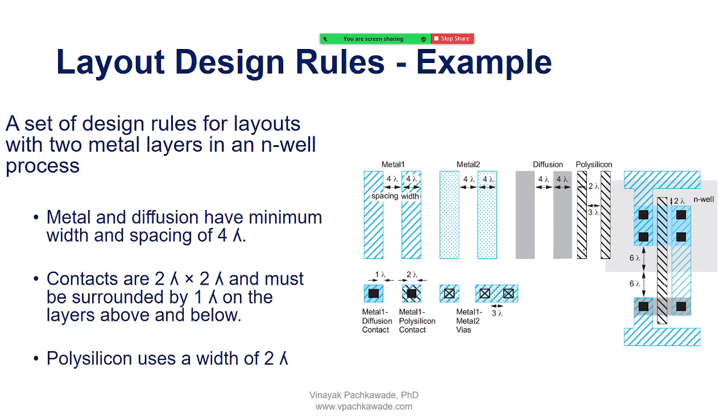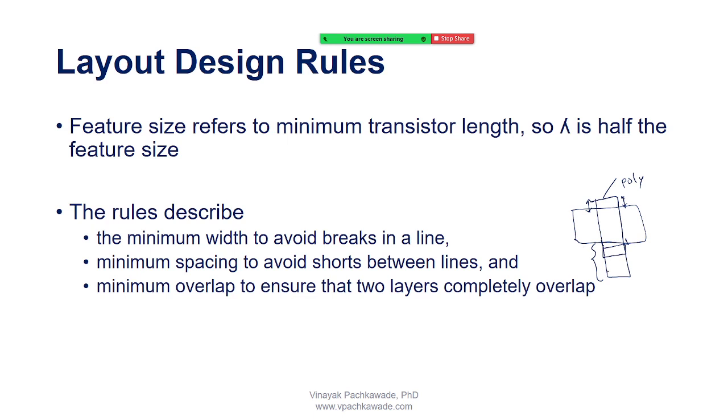So let us understand in terms of this. Is the width a constant for all types? You mean this width? Yes. Yeah, this width is constant. This is set by the technology. Based on the technology, it will change. If the technology changes, that width will also change.